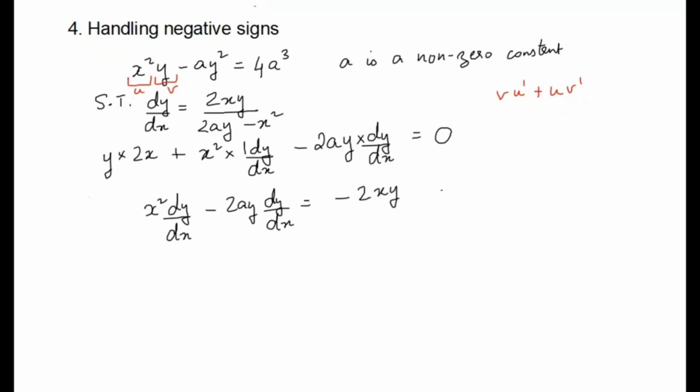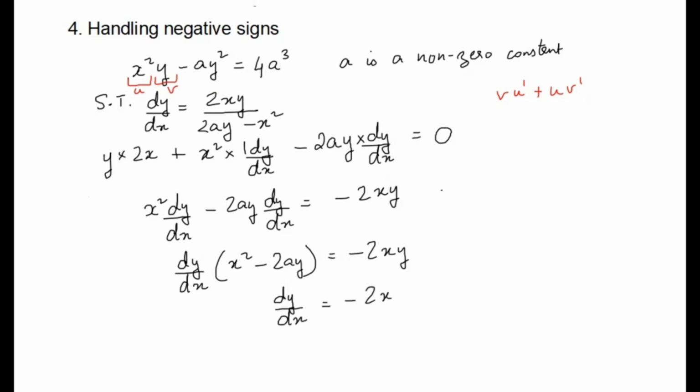Now we factorize, remove dy by dx as a factor, and we have (x squared minus 2ay) in brackets is equal to negative 2xy. dy by dx would then be negative 2xy over (x squared minus 2ay).